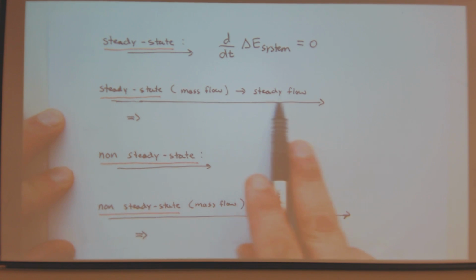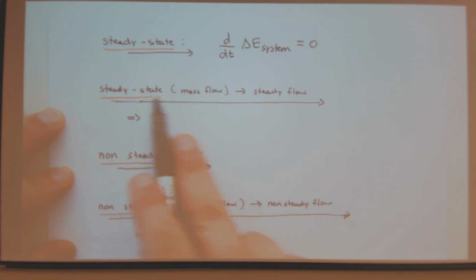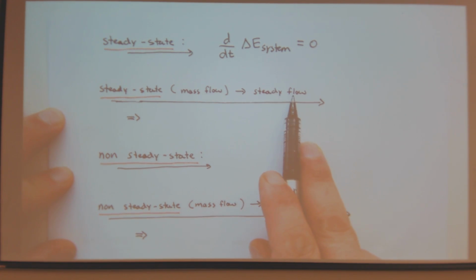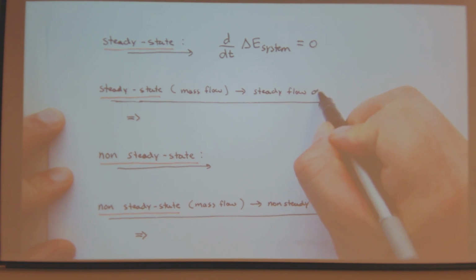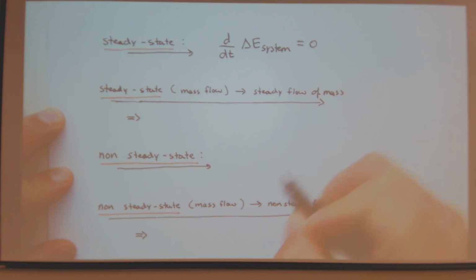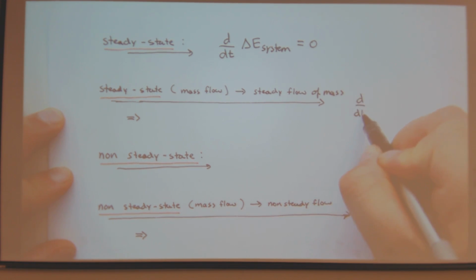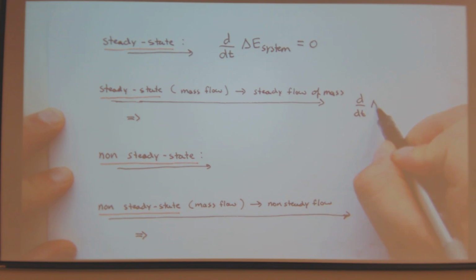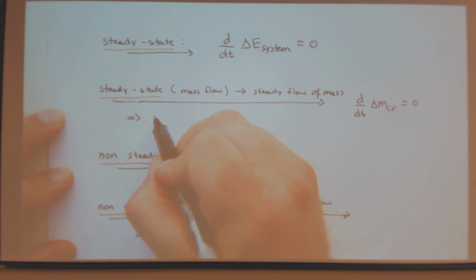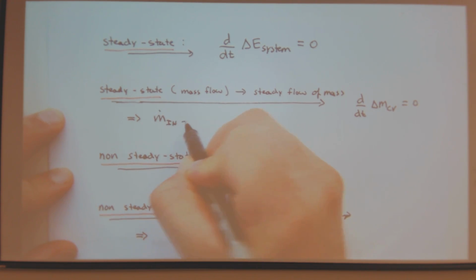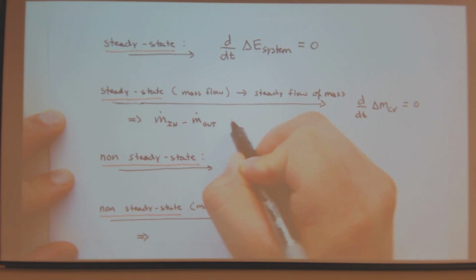So steady state for mass flow, steady flow of mass, d dt delta m control volume equals 0, which implies m dot in minus m dot out equals 0.